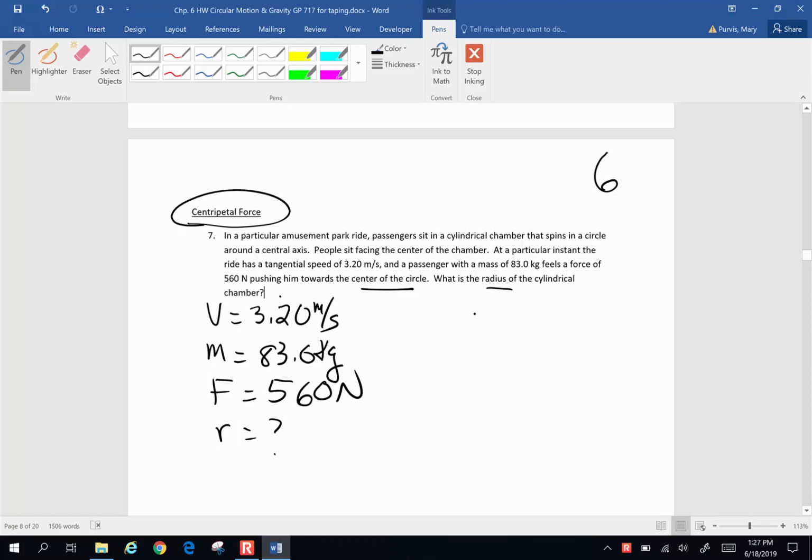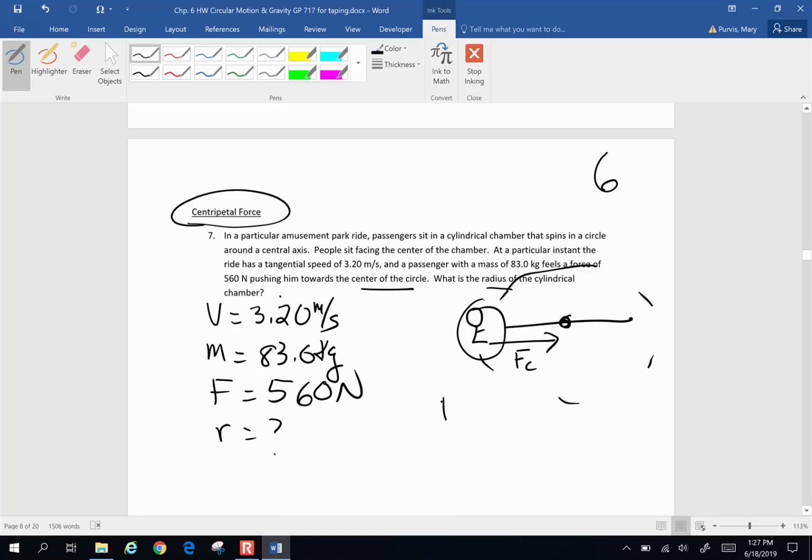So we have someone in some sort of ride contraption that is spinning this person around the center of some sort of crazy, wacky amusement park ride. The force towards the center of a circle is the centripetal force acting on my 83 kilogram human being.